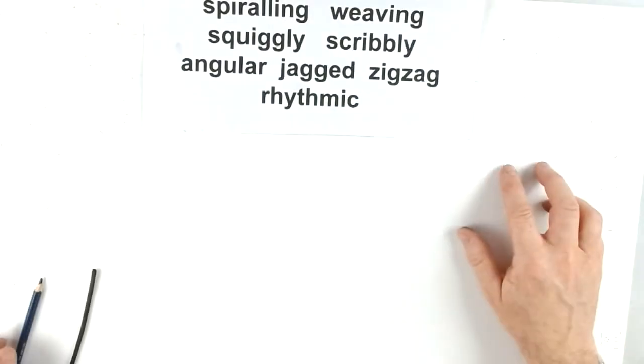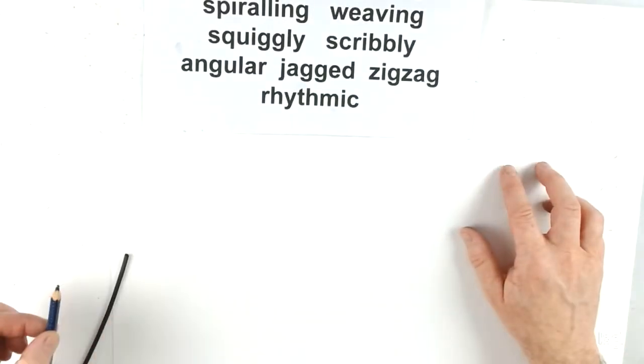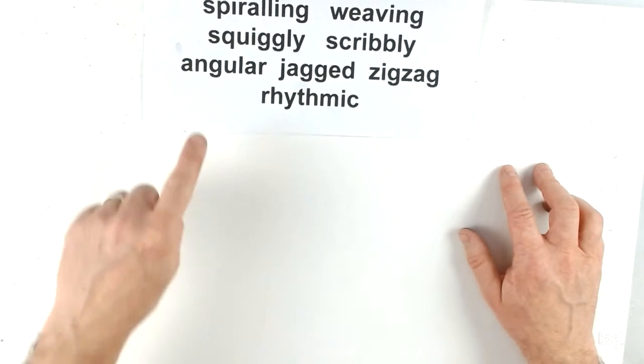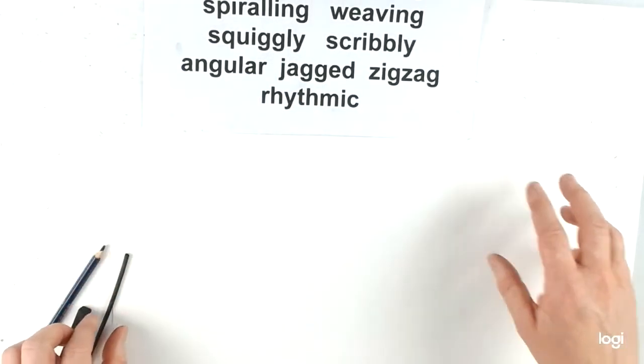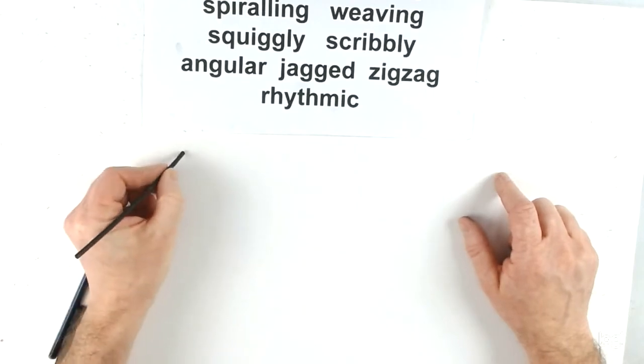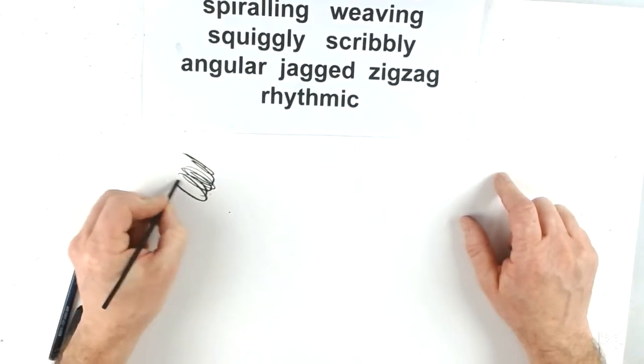I'm going to start off with charcoal, black colour pencil, black pastel, and then move on to inks. And I've got the words above me to refer to. So just starting to think about the sort of marks I could make.